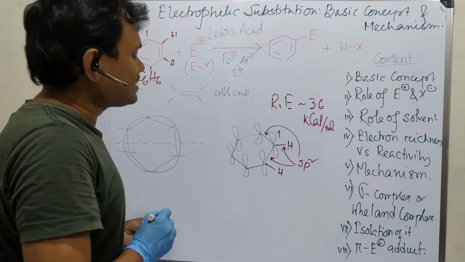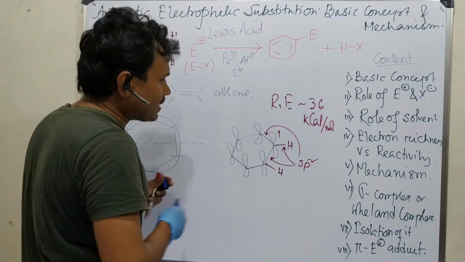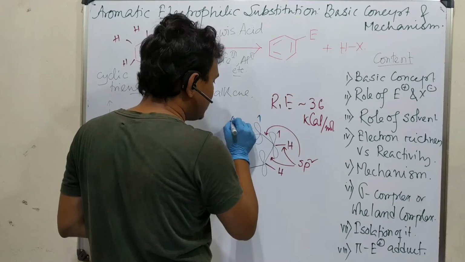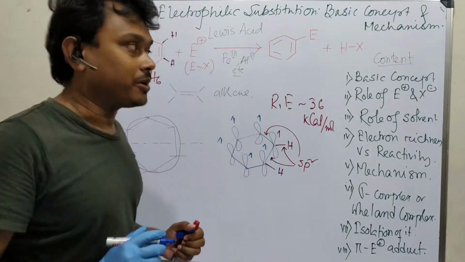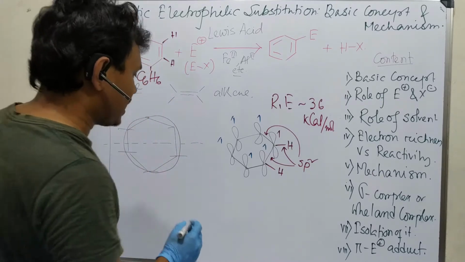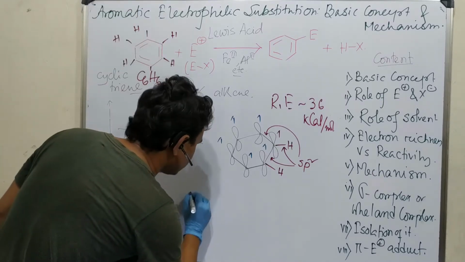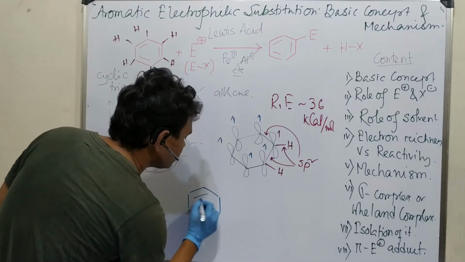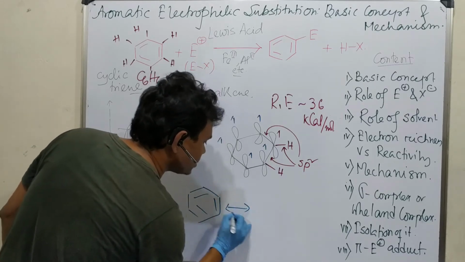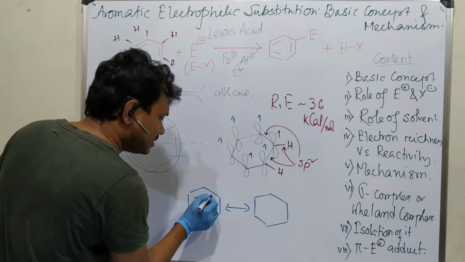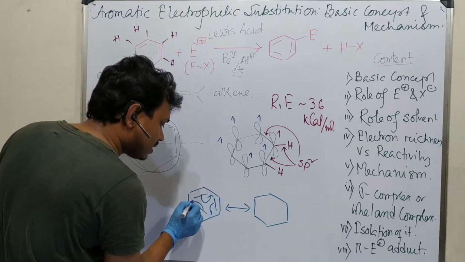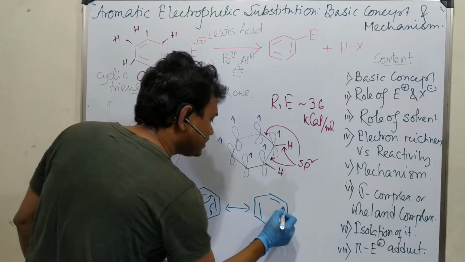As you can see, every atom has 1 electron. They combine together and form 3 double bonds. But these 3 double bonds are not localized, because benzene has a resonance form, a canonical form, where it will come here, it will come here, it will come here.